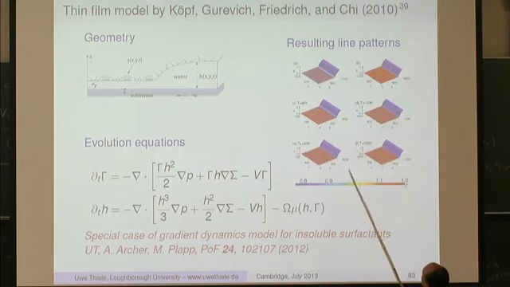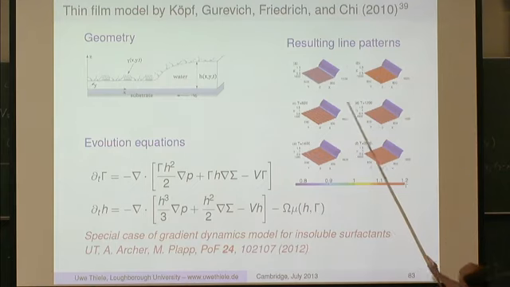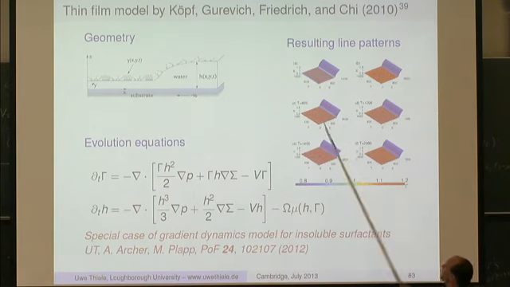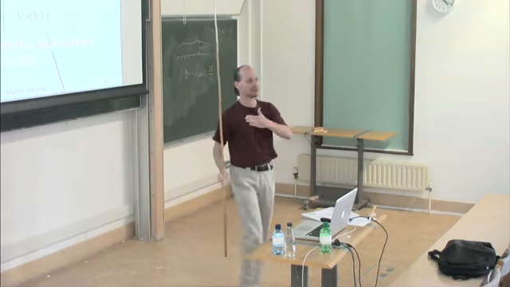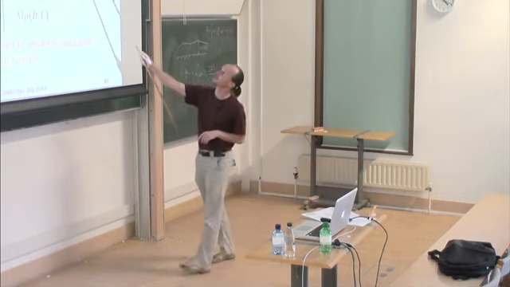And so Michael actually had 2D simulations for the line pattern. So this is actually snapshots in time of a single simulation, where on a short time scale it would develop stripes that are parallel to the contact line, right? So this would be the most dangerous instability mode.